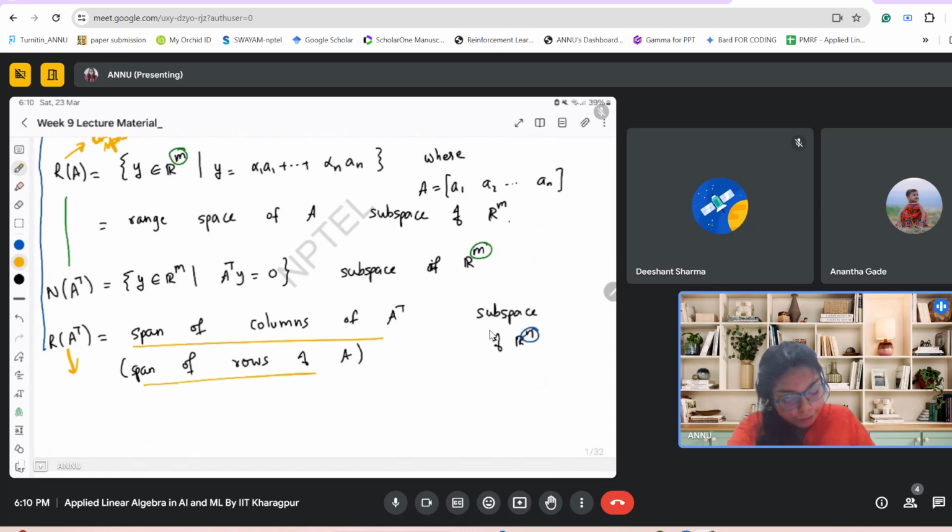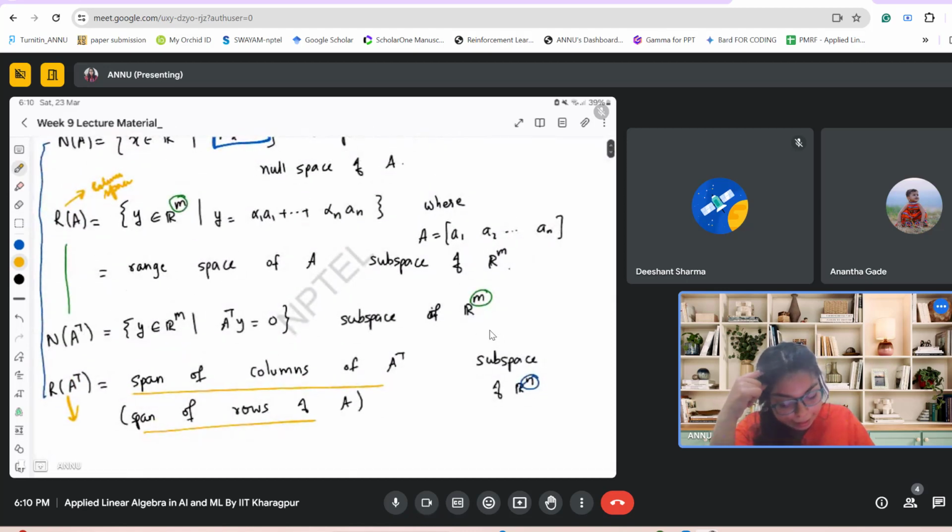If you talk about the null space of A transpose, it is all y such that A transpose y is equal to 0. It is a subspace of R power m. Why R power m? Because M cross N is the dimension of A, but A transpose will have dimension N cross M, so y should always belong to an M cross 1 vector.